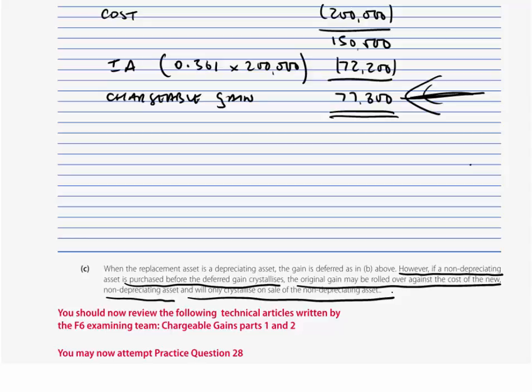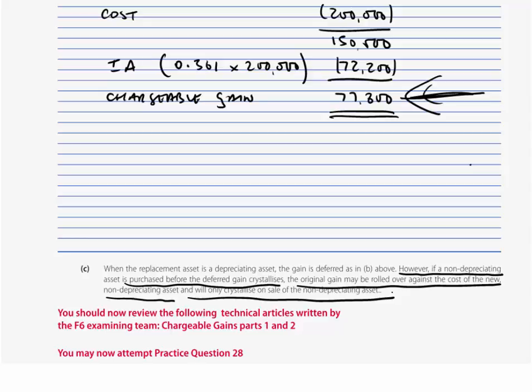But before that gain crystallizes, so it's got to be within 10 years of the acquisition date, you buy another non-depreciating asset. Maybe, of course, again a freehold property. So possibly we have originally sold a freehold, we buy a leasehold of no more than 60 years, we hold over, we defer the gain.